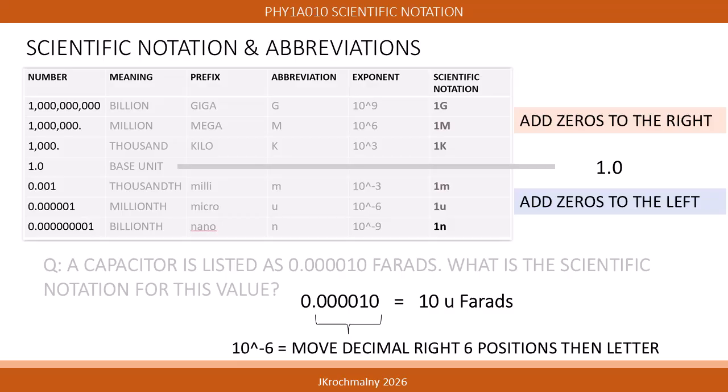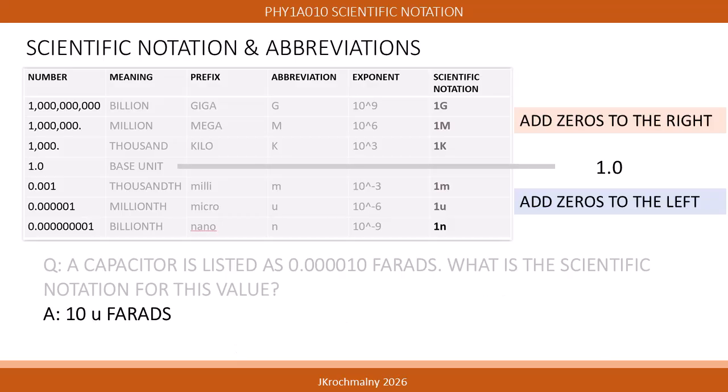Here we see the use of 6 zeros, and the decimal will be placed to the right of the existing decimal place. This action results in number 10. The abbreviation for micro is the small lowercase u and is placed at the end of the number. The term farads is associated with the number indicating value of capacitance. The answer to this problem then becomes 10 small u, understood as micro, farads.